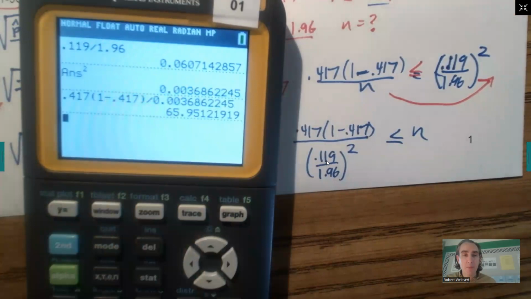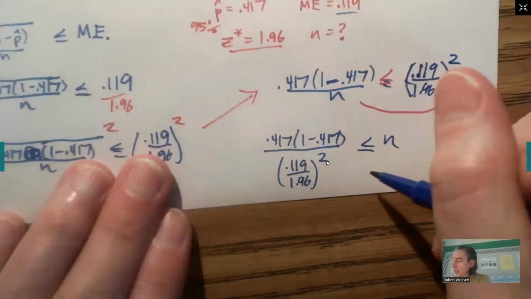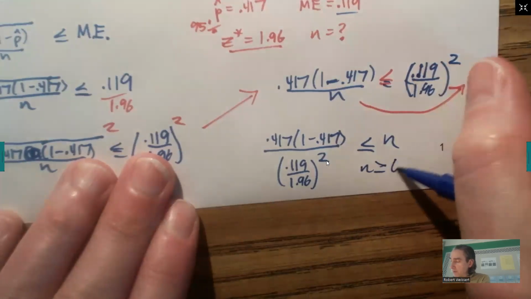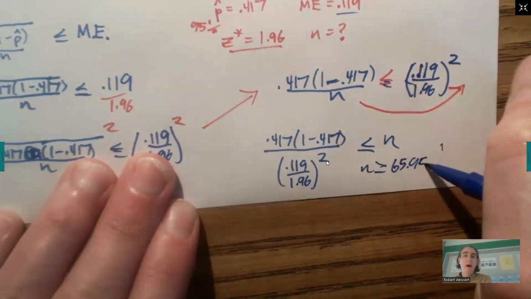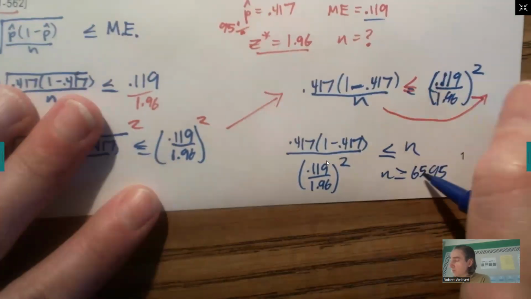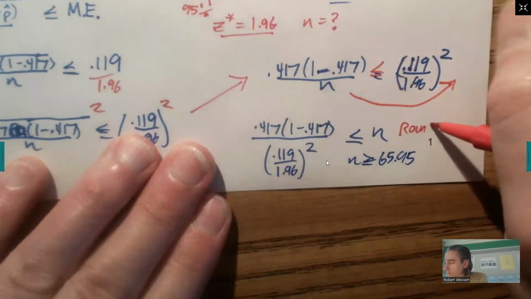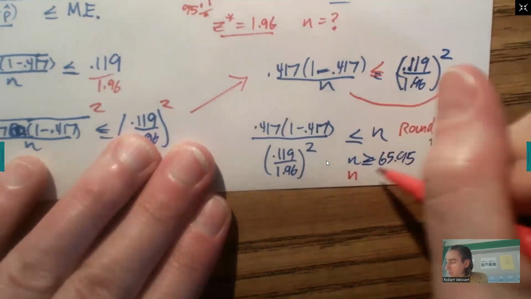Now you cannot have a sample size that's a decimal. So we want to say n is greater than or equal to 65.95. It doesn't matter if it says 65.1 or 65.99, you're always going to round up. So your final answer would actually be 66. We're going to round up, and n should be 66.